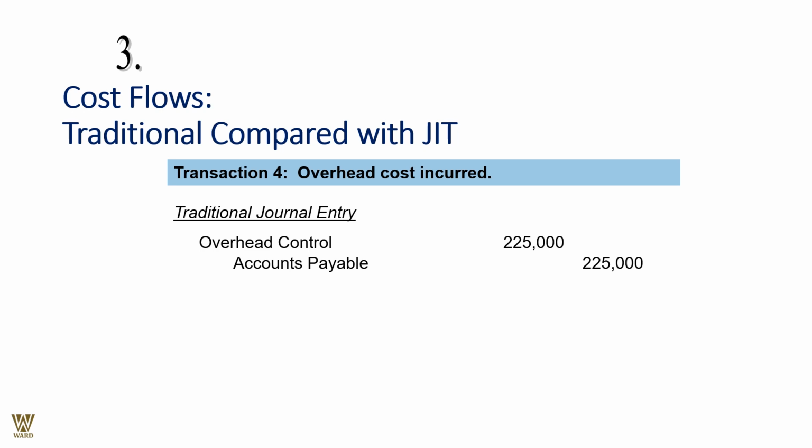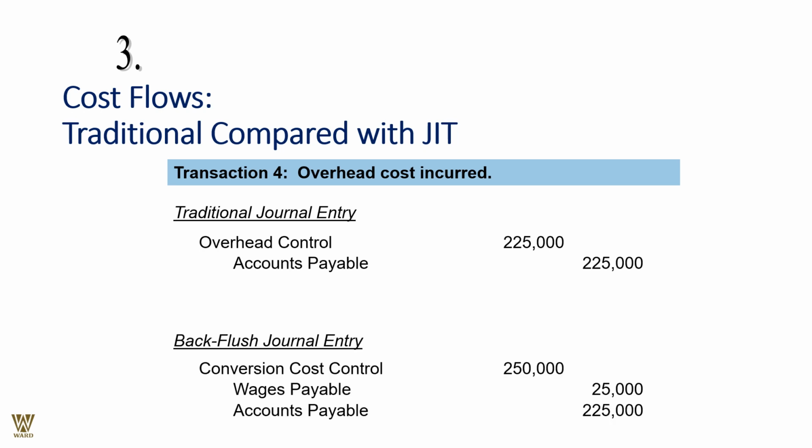Remember, labor cost was $25,000 only. But in the backflush entry, conversion cost, I don't call it overhead. I say from the raw materials to the finished product, the conversion cost is $250,000, wherein wages payable is $25,000 as it actually was in the traditional entry, and accounts payable is $225,000.